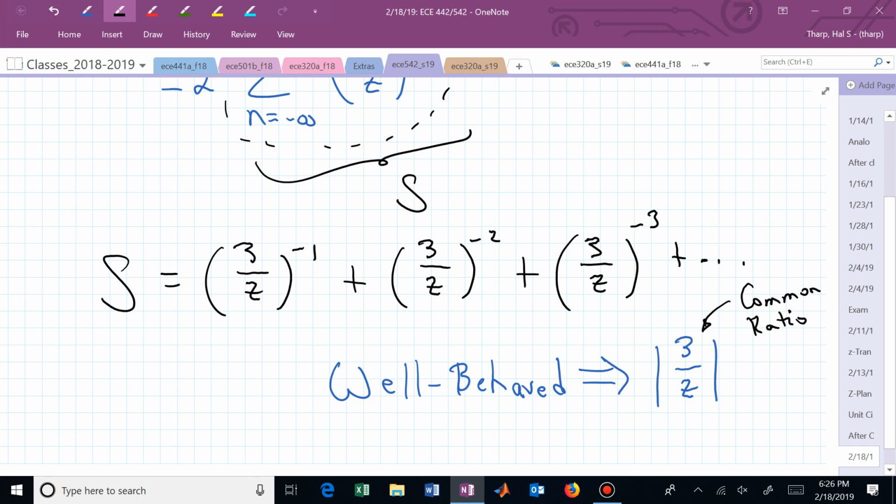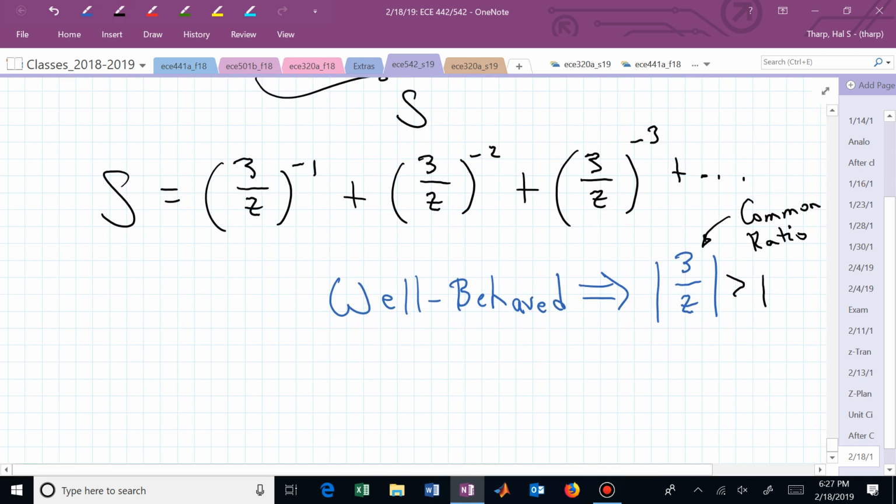Have this geometric series, and it will be well behaved as long as that common ratio is greater than 1, right? Because it's downstairs. And now we can solve that for the magnitude of z and see that, oh, z needs to be less than 3 in magnitude for this S to be a finite value.